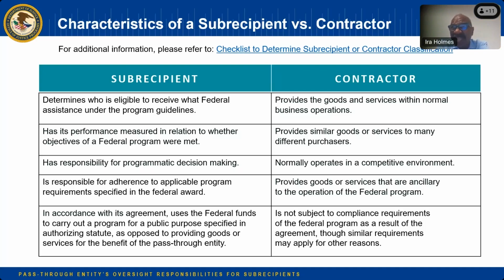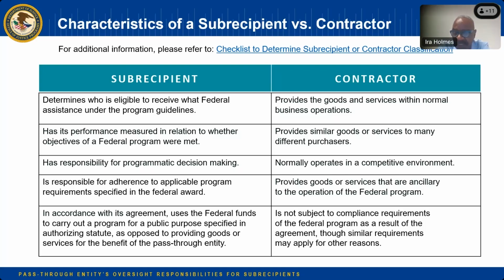What I'm really saying here is that's what they do. A contractor provides similar goods or services to many different purchasers. It won't just be through the pass-through entity; that's the business that they're in. Contractor normally operates in a competitive environment. Again, that's what they do, they're in business.